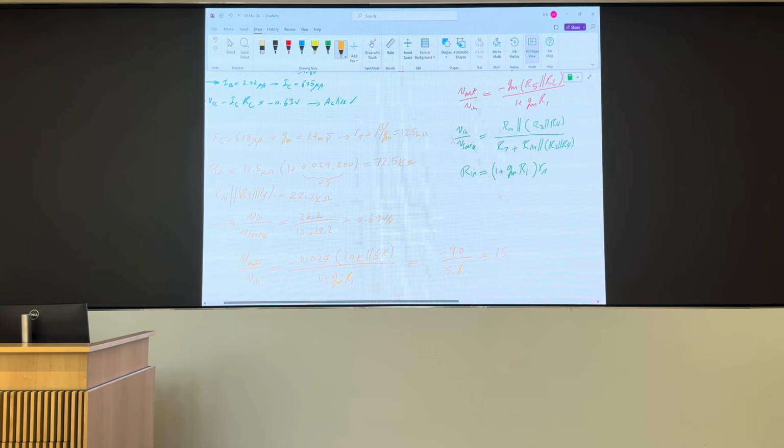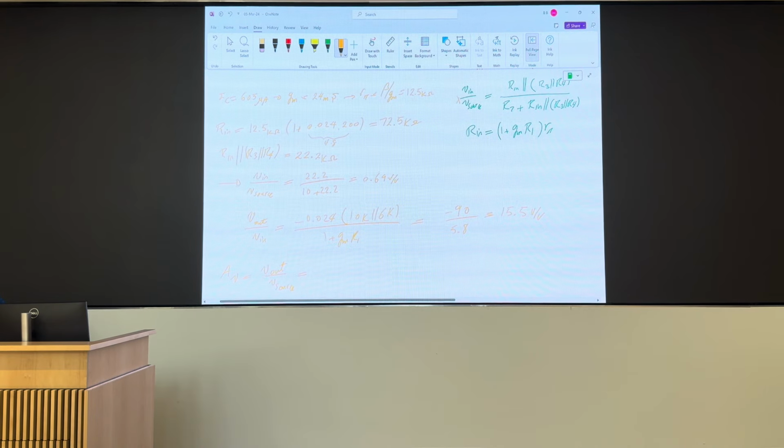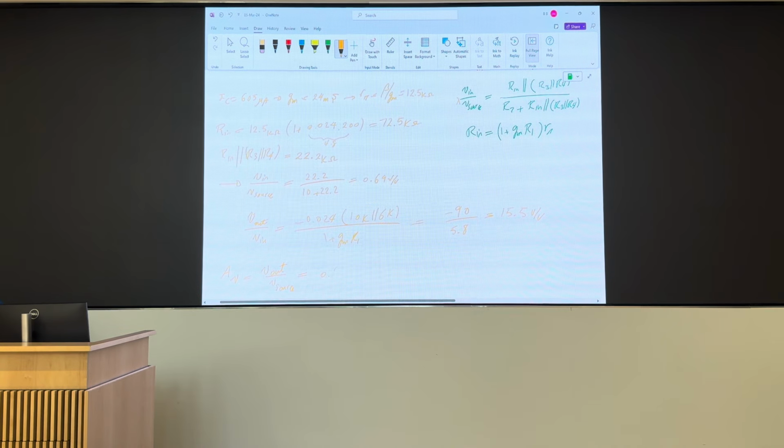That's 15.5 volts per volt. And therefore my total gain, which is V out over V source, is going to be this number 0.69 times this number 15.5, with a negative sign, of course.